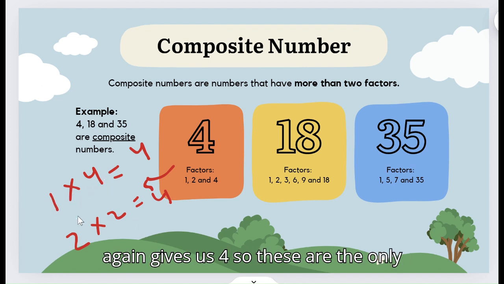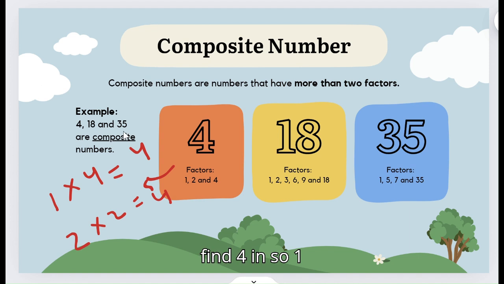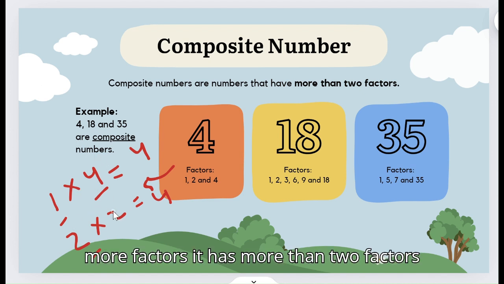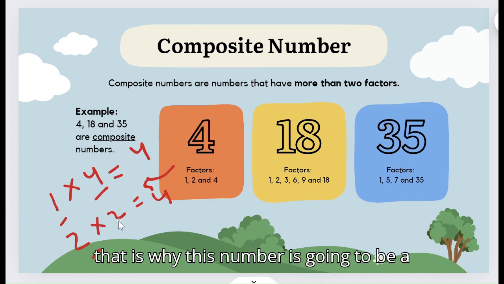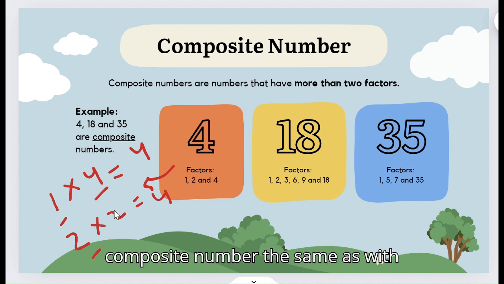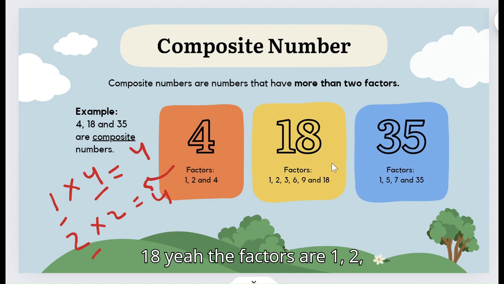So these are the 3 factors that you can find for 4: 1, 2, and 4. Because it has more than 2 factors, this number is a composite number. The same is with 18. The factors are 1, 2, 3, 6, 9, and 18. And for 35, the factors are 1, 5, 7, and 35.